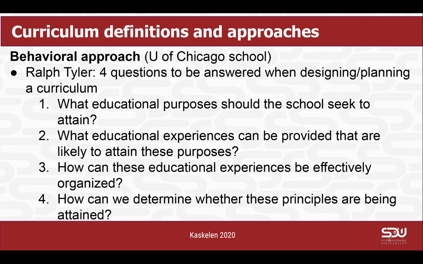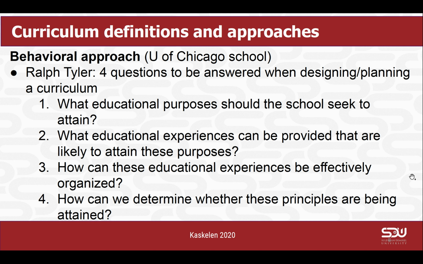Remember, goals and objectives, right? Begin with them. Question 2: what educational experiences can be provided that are likely to attain these purposes? Remember, step 2: plan the content and experiences that lead to those goals and objectives. The third question: how can these educational experiences be effectively organized?